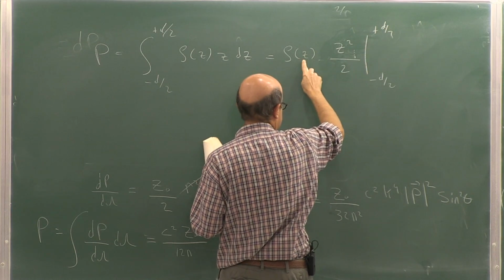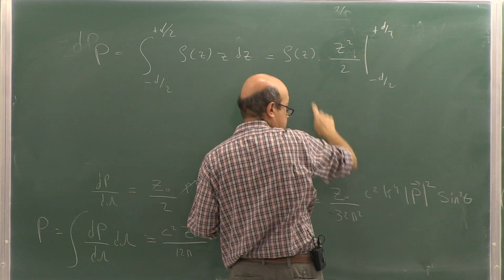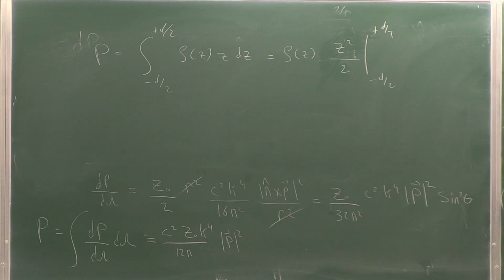If you take the positive range of this, you will get the plus sign. If you take the negative range, you will get the negative.